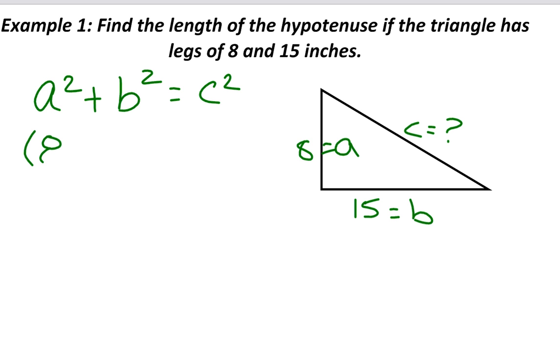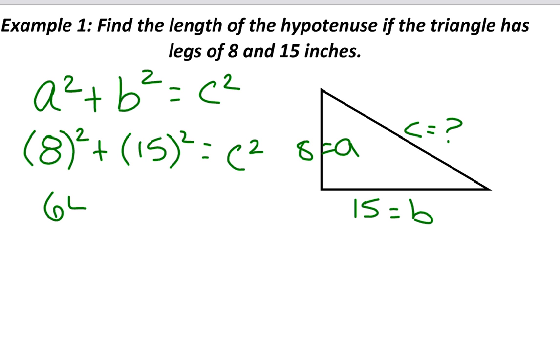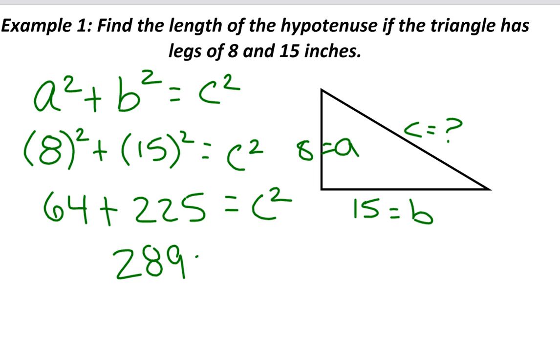So I plug in 8 and get 8 squared, plug in 15 and get 15 squared, and we're searching for c squared. 8 squared is 64, 15 squared is 225, and c squared we're looking for. 64 plus 225 is 289, and that's equal to c squared.